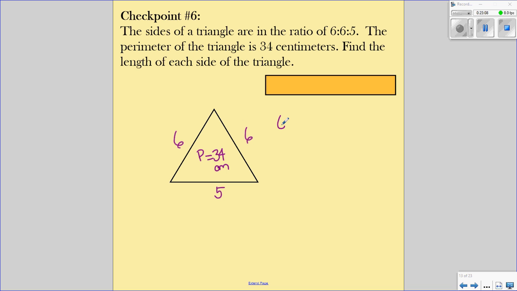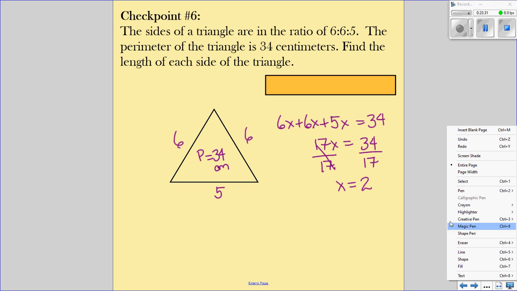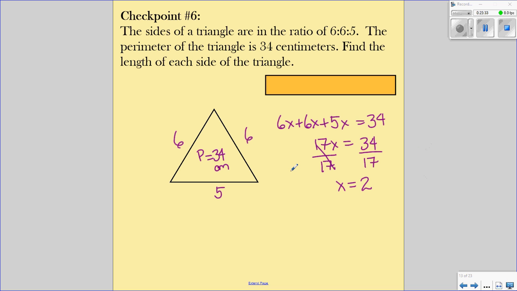Again, you're going to do 6x plus 6x plus 5x equals 34. Combine your like terms, that gives you 17x equals 34. You divide it by 17, and that gives you 2. And now you need to plug it in.